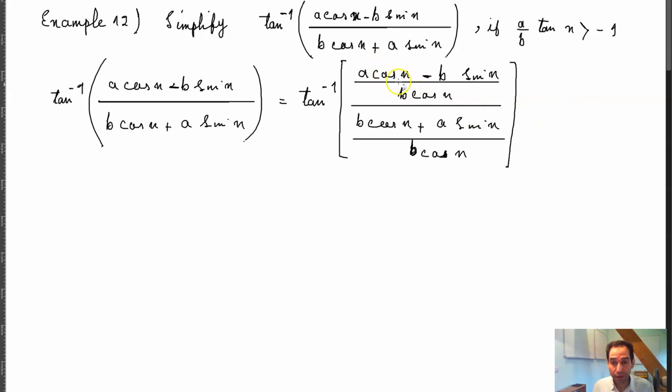Now cos x and cos x will cancel out here, so you have a by b. Actually, I have to write it in a different way.